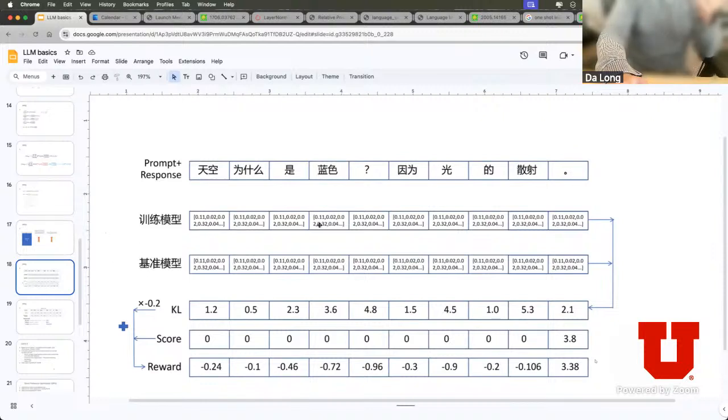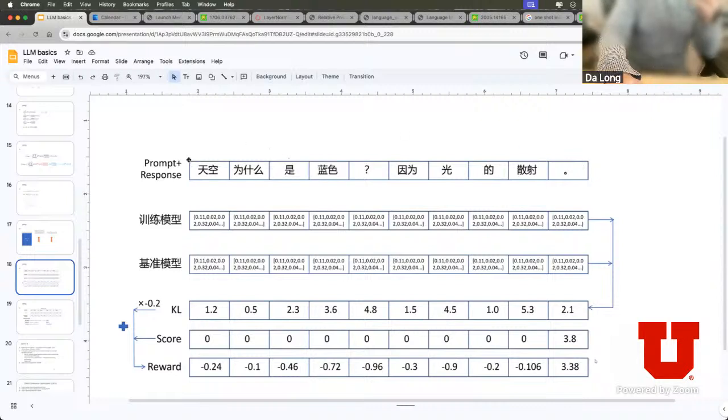For example, this is the question asking why the sky is blue, and this part is the answer, because it's the reflection of the light. This sentence is the prompt plus the response of the model.